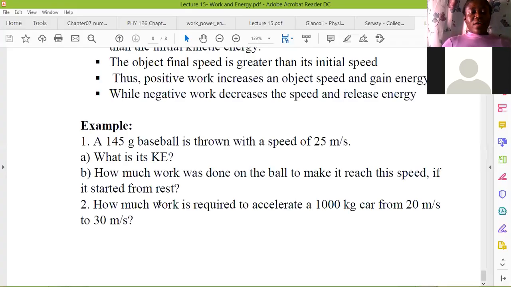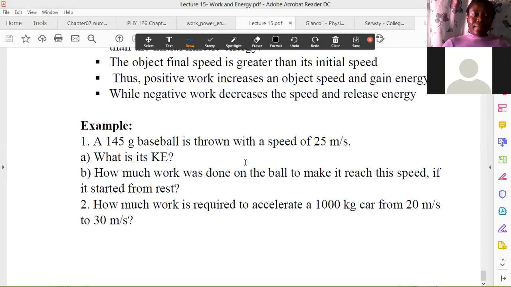Okay, so another question is, how much work is required to accelerate a 1,000 kilogram car from 20 meters per second to 30 meters per second?